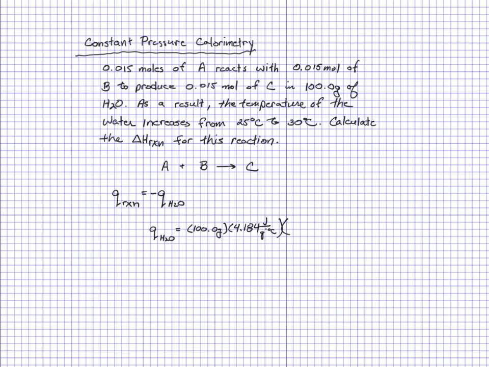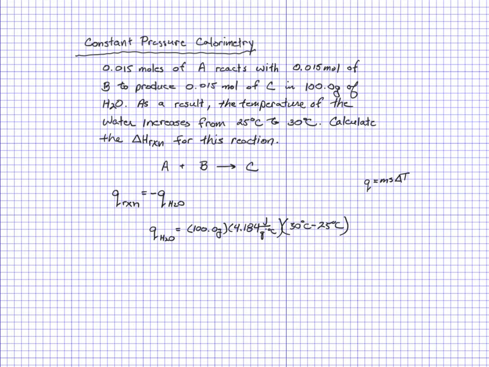And what is the temperature change? It's going to be 30 degrees Celsius minus 25 degrees Celsius. In case you don't remember this equation, remember we said that we can calculate the amount of heat that's required to raise the temperature of a substance by using this equation here. That's all I've used.